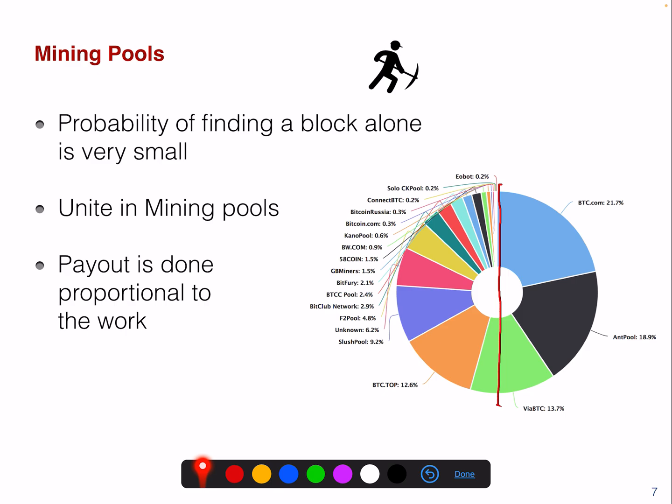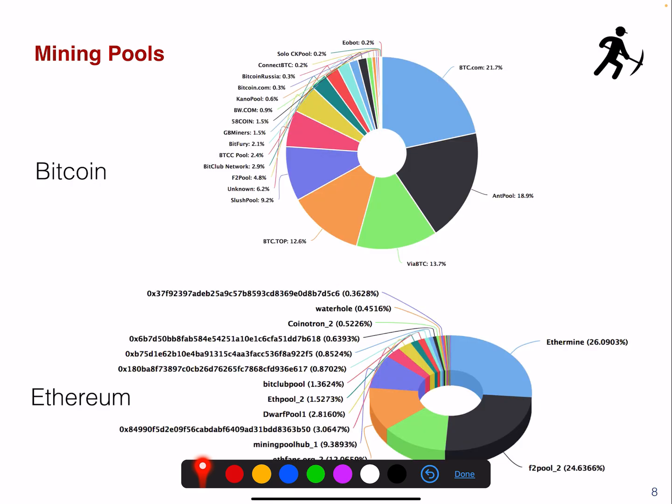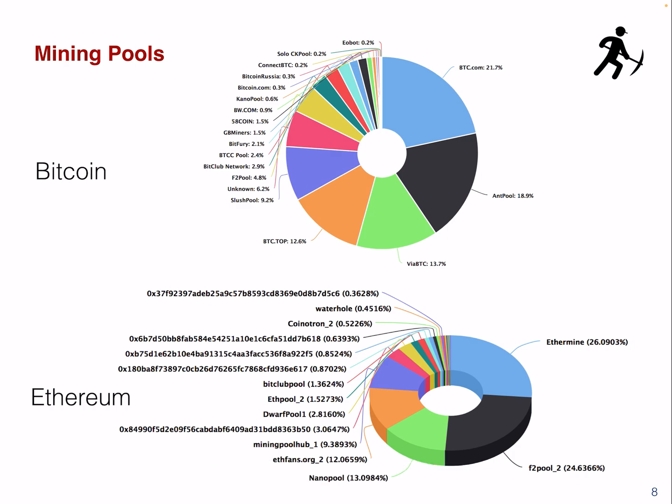So if you were to start mining and you're just a small miner, you can join a mining pool, and then you get a payout proportional to the work that you perform. Here is another distribution for Ethereum. You can see it is probably even a bit more centralized, with Ethermine being the biggest pool, and there are a lot of smaller pools as well.